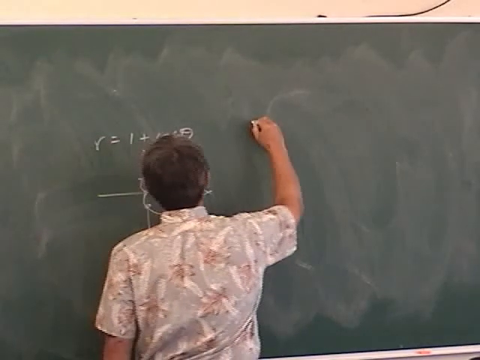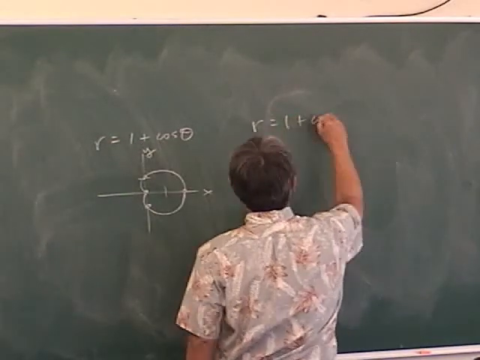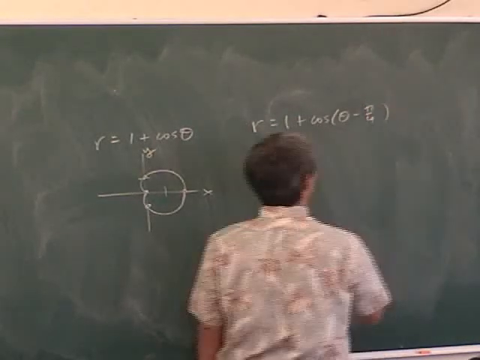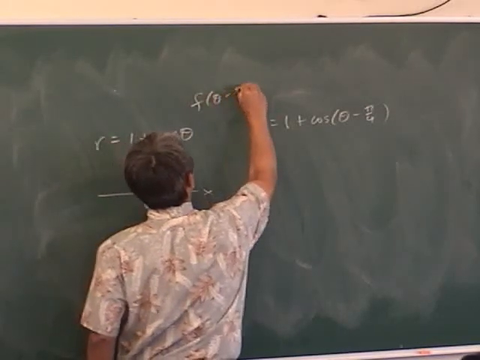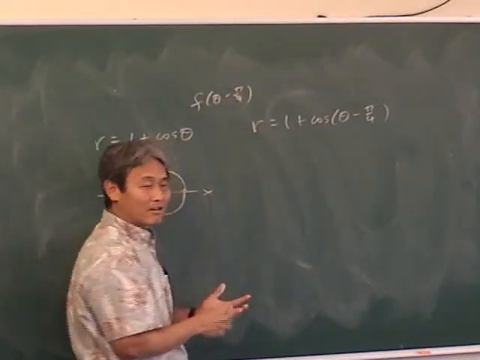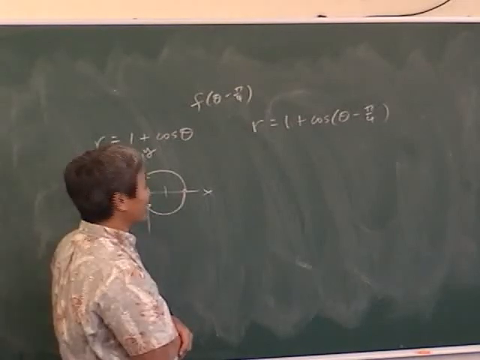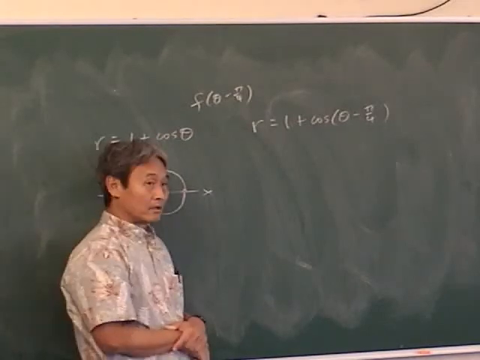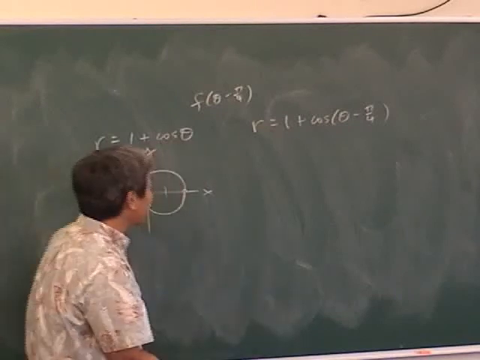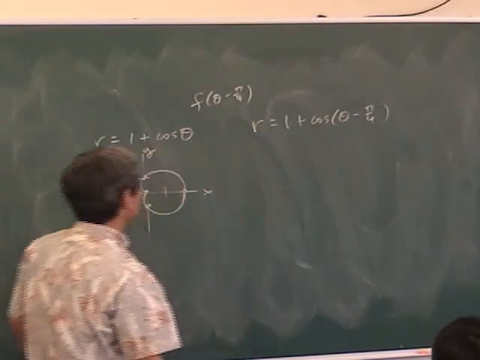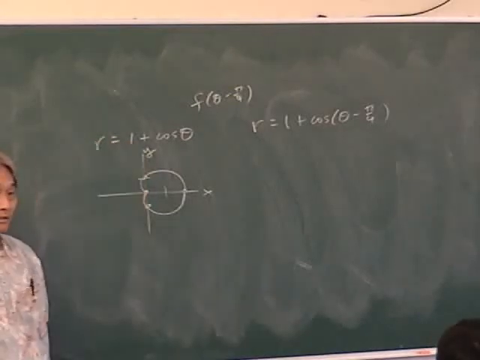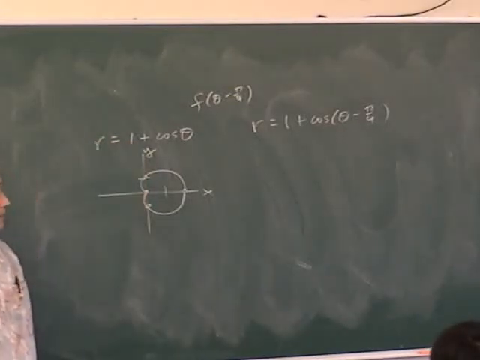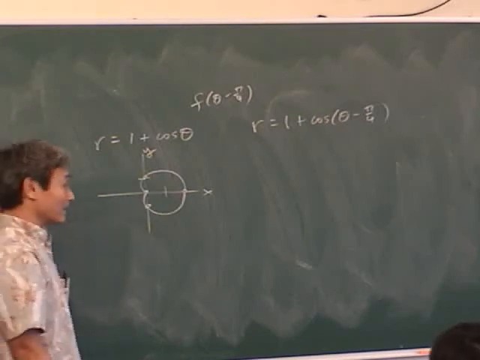Okay, now what if I did this? r equals 1 plus cosine of theta minus pi over 4. Now, what do you think? How is that going to affect the graph? Is it going to shift it pi over 4 to the right? No. Okay, quick, graph it on your calculator. Who said rotate? Morris. Rotate what? Positive. Oh, very good. See, Morris is thinking.